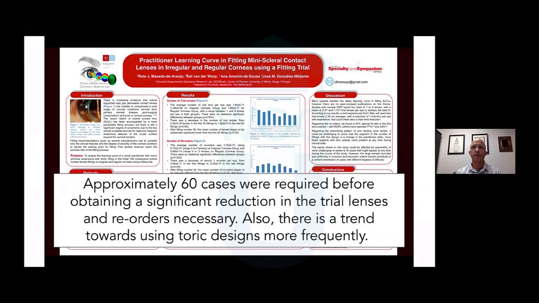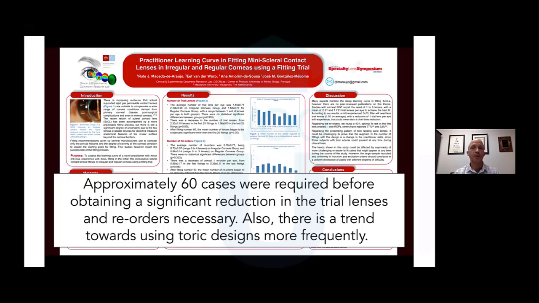And this is a well-known study now that was first published as a poster at the Global Specialty Lens Symposium, and then later published as a paper by Dr. Araujo. And what they were looking at is how many cases it would take a neophyte scleral lens fitter in order to become efficient at fitting scleral contact lenses.